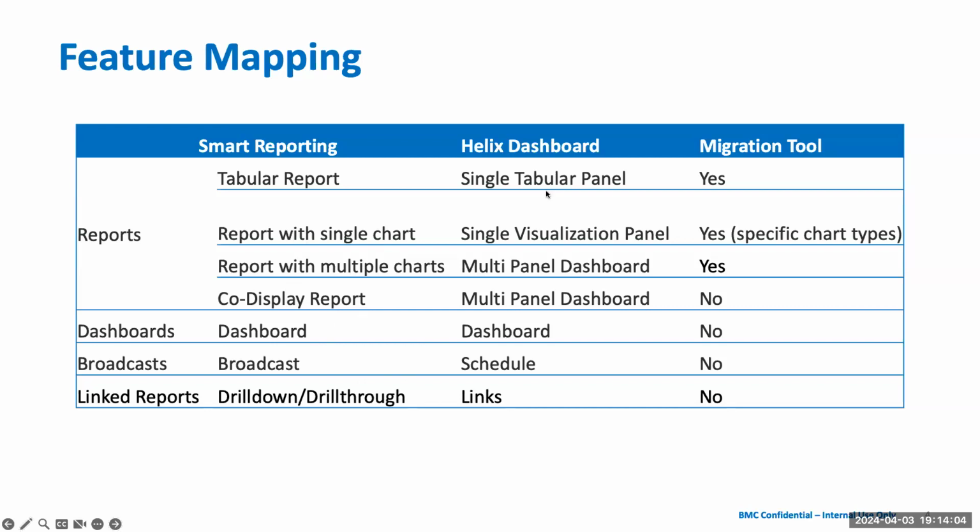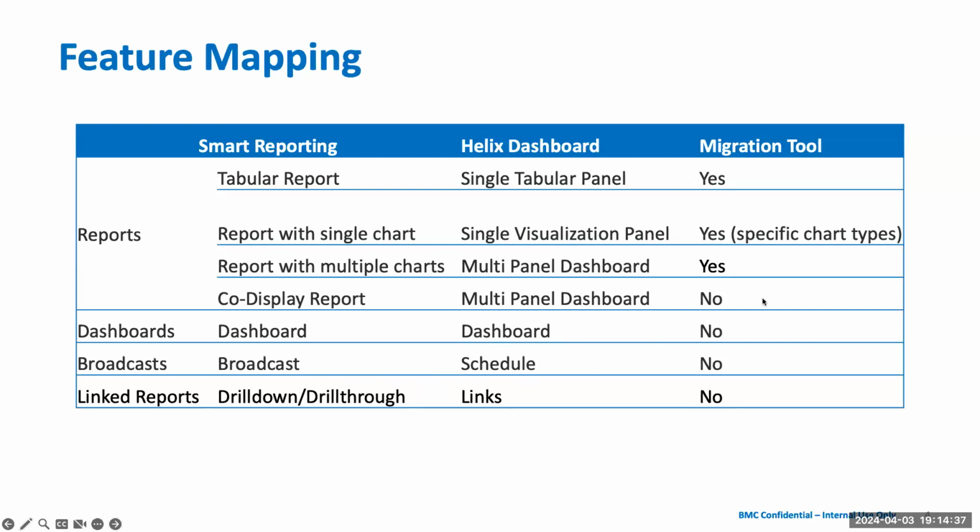But in the case of Helix dashboard, it's all dashboard with one or more panels. So a co-display report will translate to a multi-panel dashboard. A report with multiple charts, multiple visualizations will map to a multi-panel dashboard. And a dashboard will obviously map to our dashboard. And the other features have corresponding features in the Helix dashboard world.